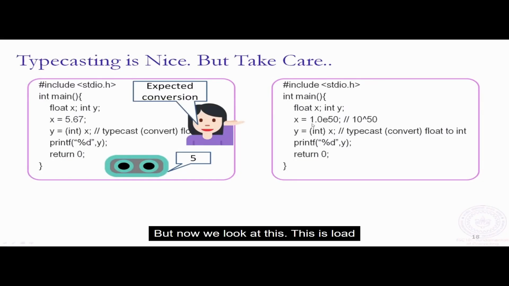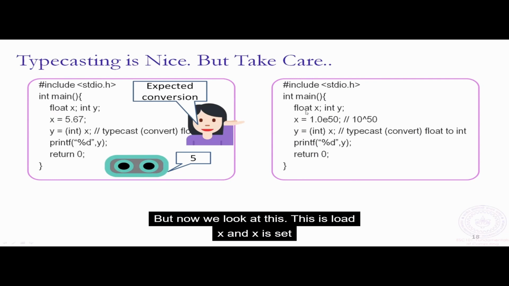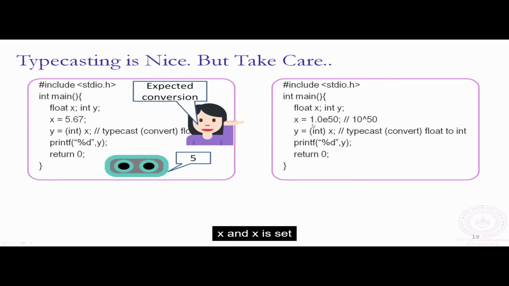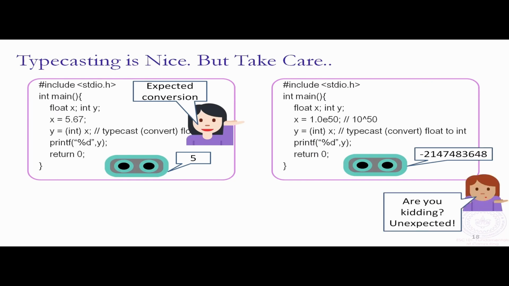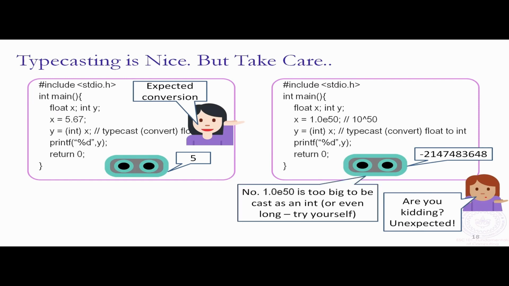But now we look at this. This is float x, and x is set to e to the 50. Now here we have a problem. The problem is that x is too big to store in an int box.